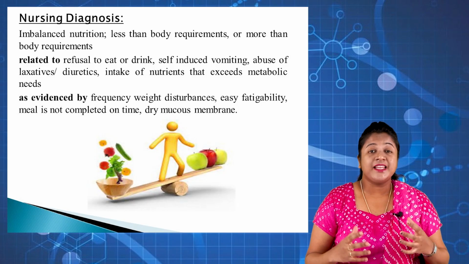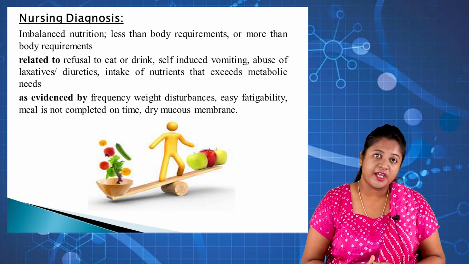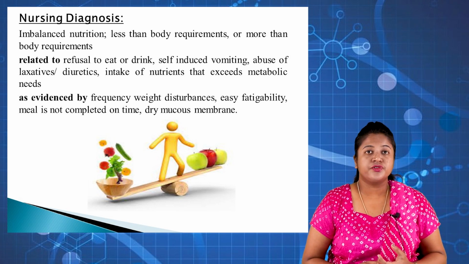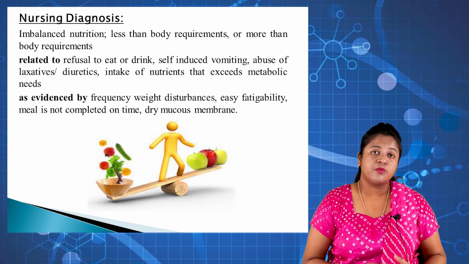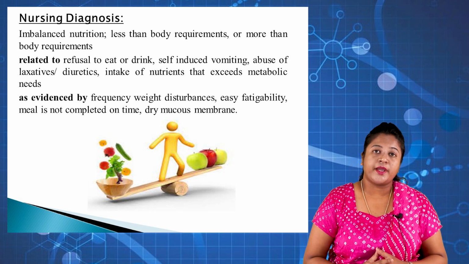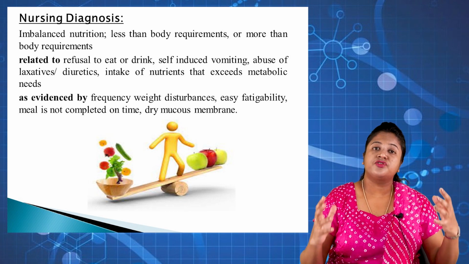So I've got some of the nursing diagnoses that you can state for these conditions. The first nursing diagnosis, a very important nursing diagnosis for the eating disorder, is imbalanced nutrition, less than body requirement or more than body requirement, related to refusal to eat or drink, self-inducing vomiting, use of laxatives or diuretics, intake of nutrients that exceeds the metabolic needs, as evidenced by frequent disturbances in the weight, easy fatigability, meal that is not completed on time, and dry mucous membrane.